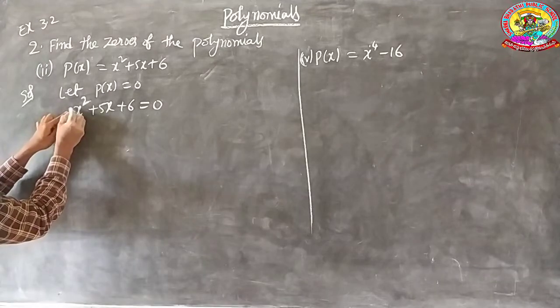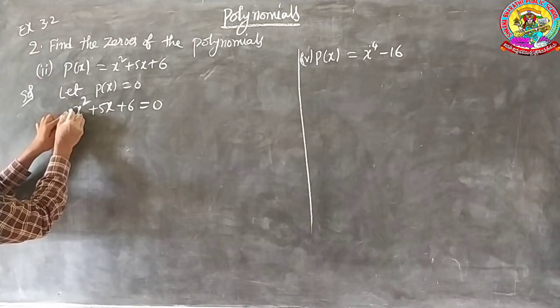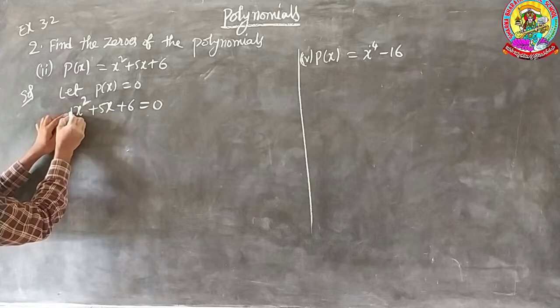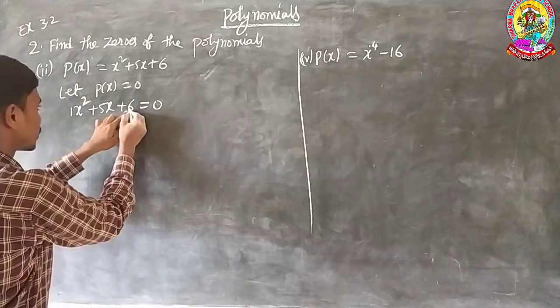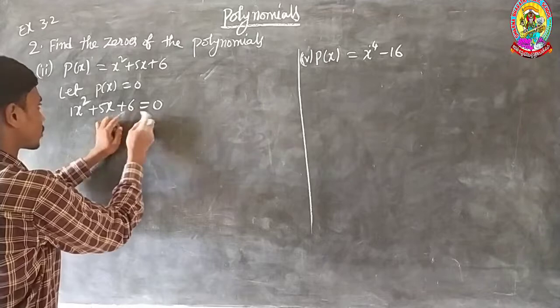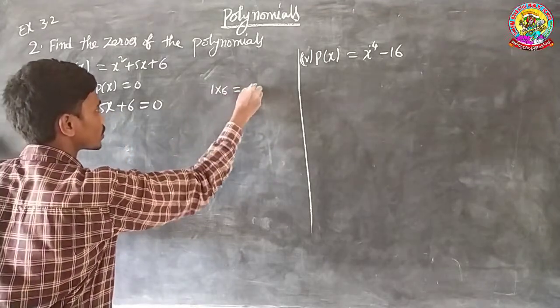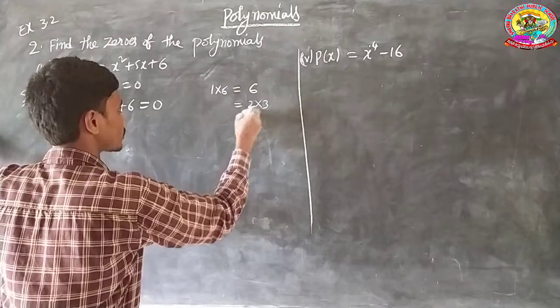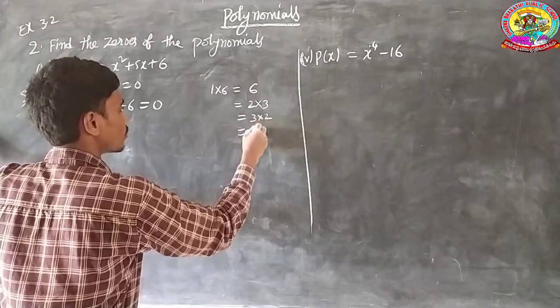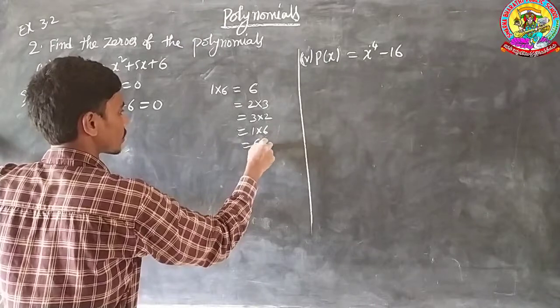First of all, observe here the x square coefficient is 1 and the constant is 6. So first of all, multiply 1 into 6, which is equal to 6. The factor pairs are 2 3s, 3 2s, 1 6, 6 1s.